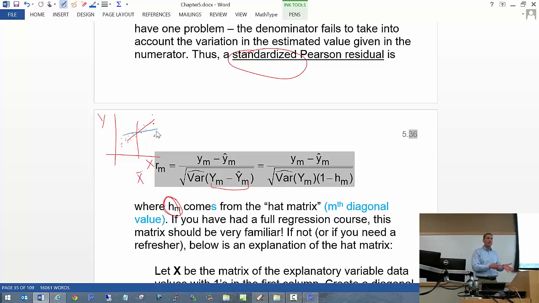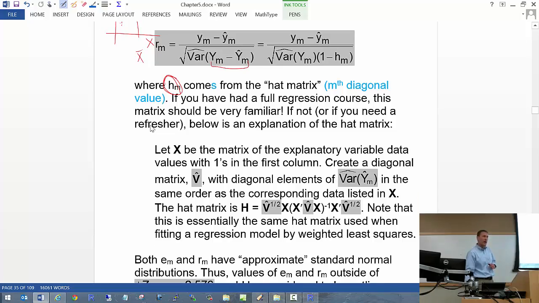I know matrix algebra is not a prerequisite for this course, but I don't really see another way to explain the actual calculation that's meaningful. I'm not going to ask you about matrix algebra on a test. All I expect you to understand is where the hat matrix diagonal value is, and make sure you understand it can measure influence.